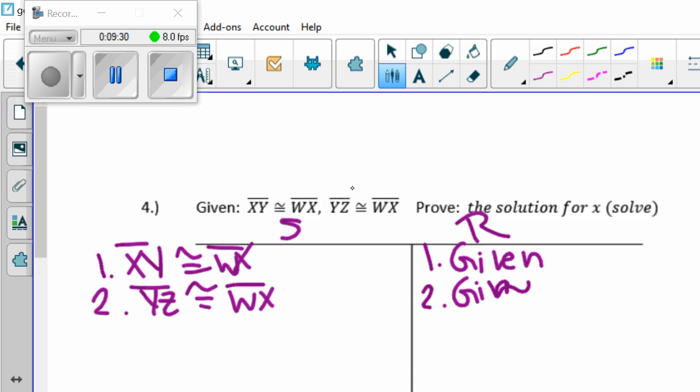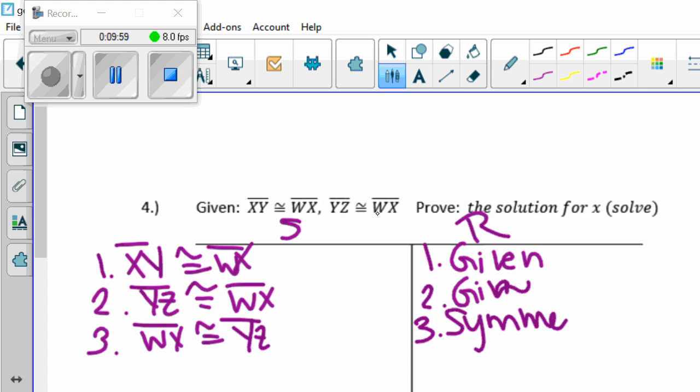If I want to get XY and YZ congruent to each other so that I can set them equal and solve for x, right now I can't use transitive property because the second one is not in the right order. XY to WX, I would need WX here, but I have that property that tells me I can trade places with these. So my next statement is going to just say WX is congruent to YZ by the symmetric property of congruence.